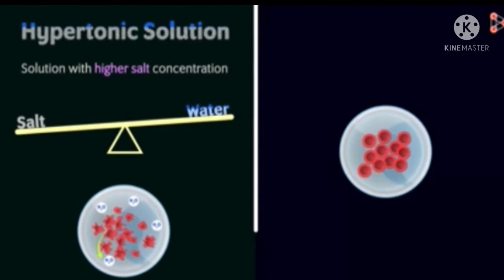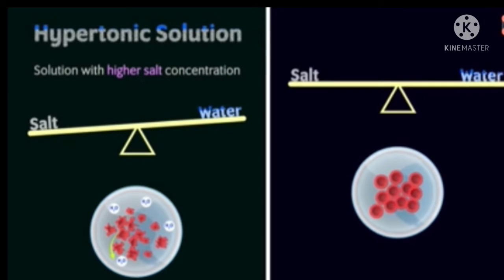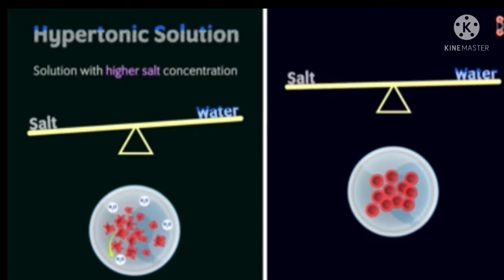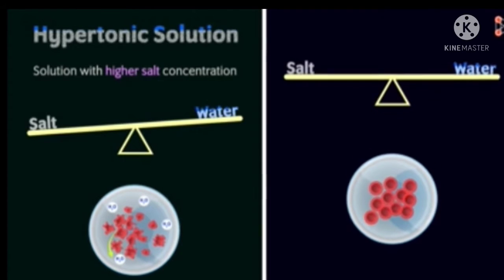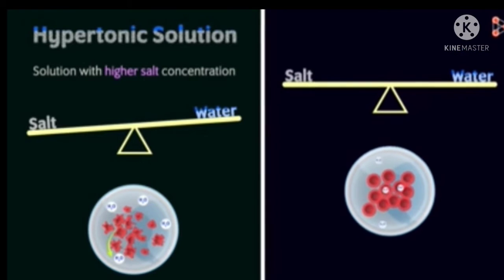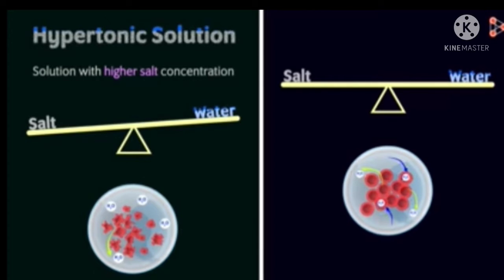Now let's have a look at the second case. Here the level of salt and water seems to be the same on either side of the cell membrane, that is both within and outside of the cell. Therefore there was a balance in the movement of water. Children, what do we understand by this? It means that the movement of water was the same in either direction.